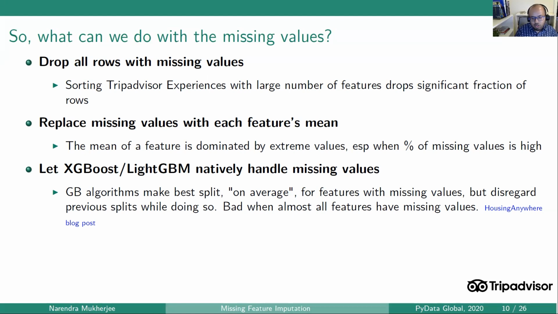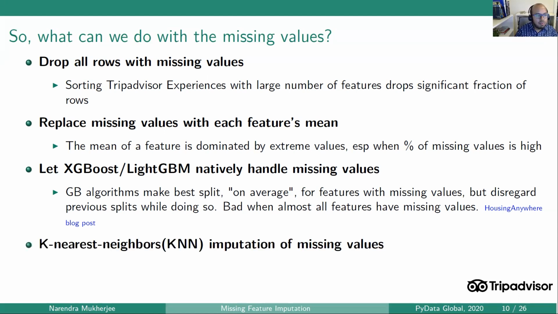But this split does not depend upon any of the previous splits that the algorithm might have made in the tree. So this is not the most optimal split they would make if you take the whole tree into consideration. So this is not usually a good idea, and you can read this Housing Anywhere blog post to get more details on this problem, for instance.